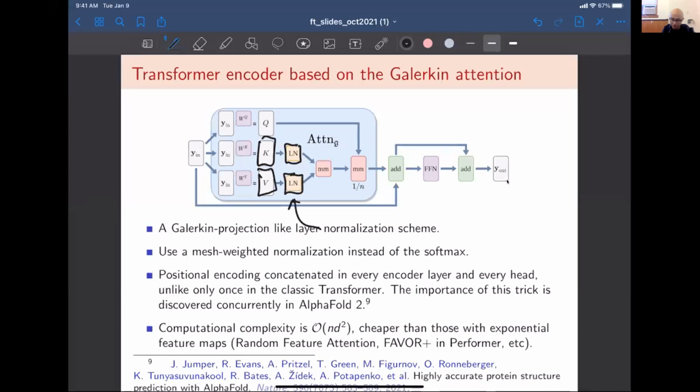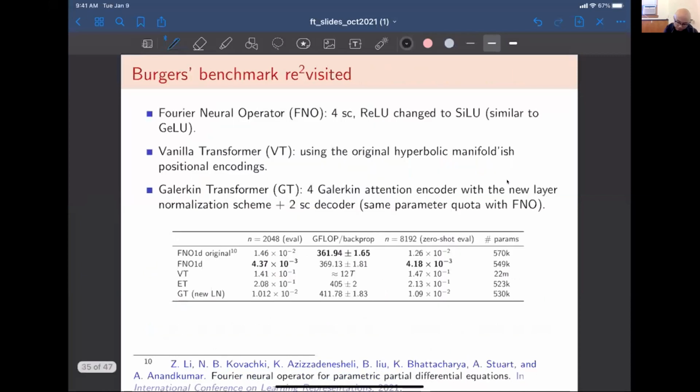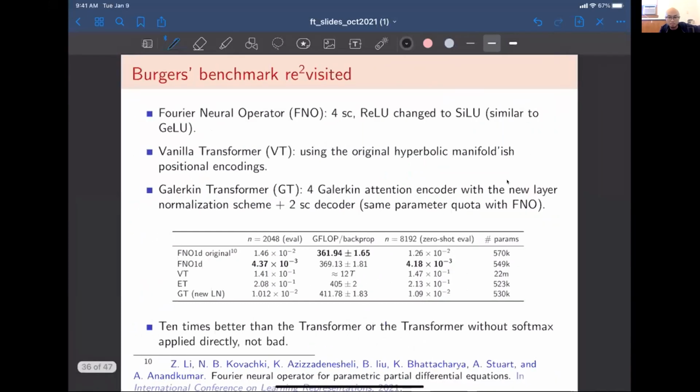After this trick, we apply it to the problem again. It's not bad: we get a tenfold improvement over the original, the classical vanilla transformer, or the softmax-removed version. And it's not much slower than the Fourier neural operator, because now we have three learnable matrices and we match the parameters.